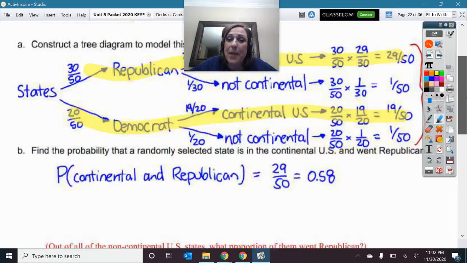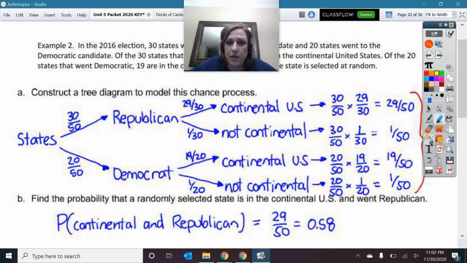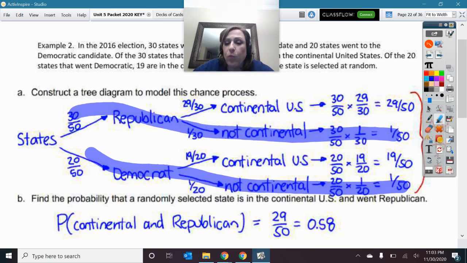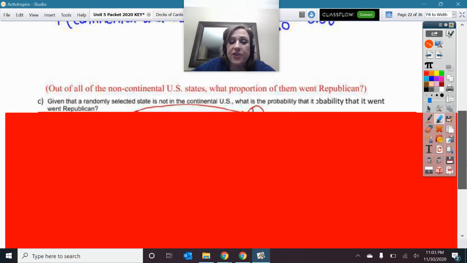That's going to say, out of all of the non-continental United States ones. So here we go. That's this and this. There's the non-continental United States. So the denominator is the 1/50th plus the 1/50th. All right, so here's how that looks.